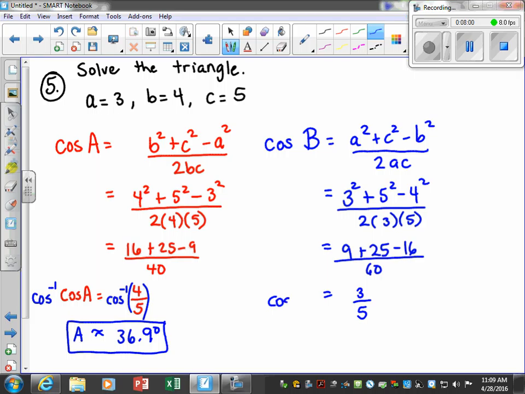Cosine of B is 3/5, so when we want to find angle B, take the cosine inverse of each side, and angle B is going to be approximately 53.1 degrees.